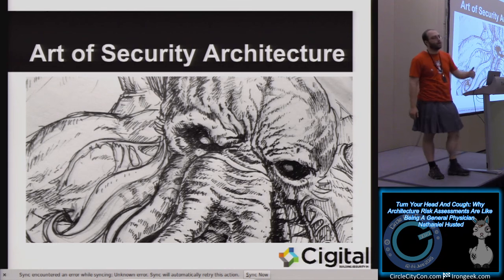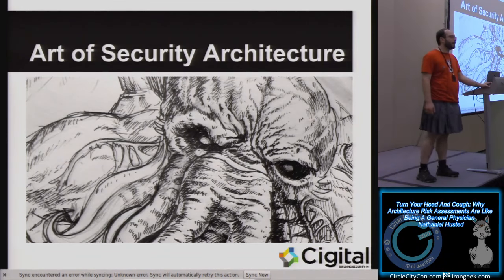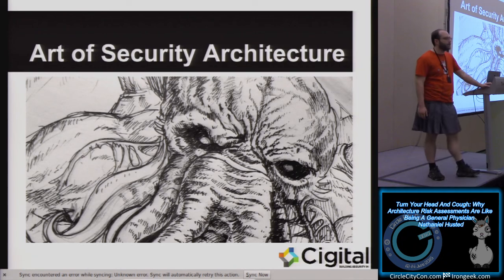I'll talk about it a little bit later, in terms of the standardization of these patterns. Doctors have a very sort of tried and true standardized way of doing these diagnoses, and they have very core books that list the number of conditions. They don't have these sort of conflicting standards, in many ways, that the security architects do.